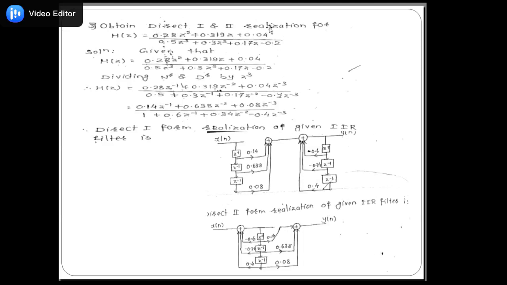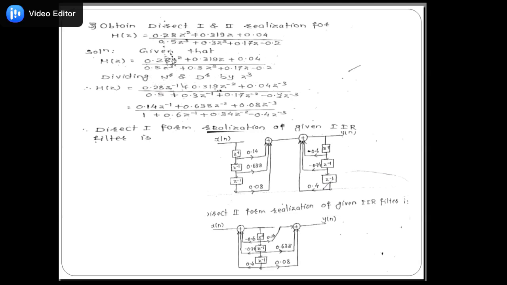Obtain direct 1 and direct 2 form realization. H of z is equal to 0.28 z to the power minus 2 plus 0.319 z plus 0.04 divided by this equation. If you divide numerator and denominator by z to the power 3, then what happened?